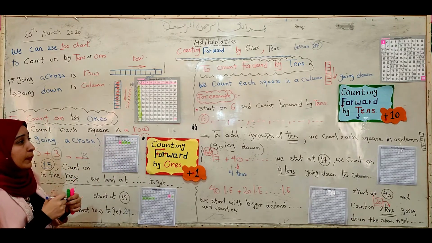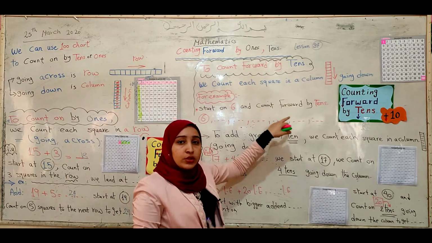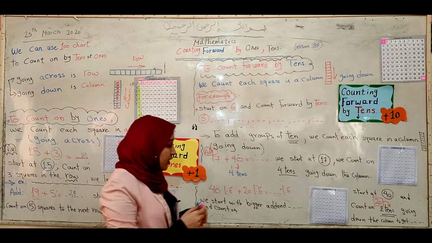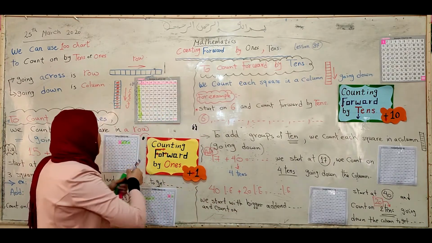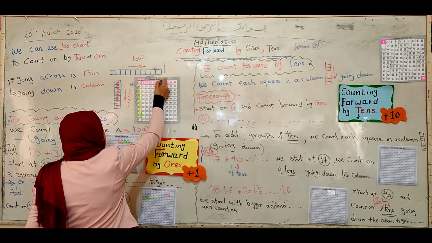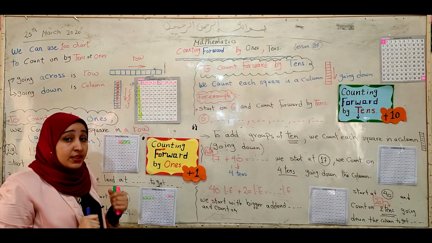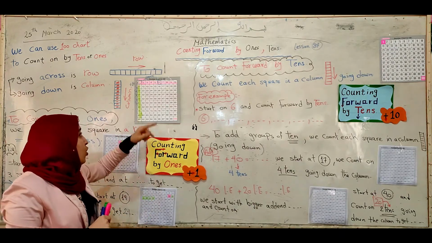Okay? For example, start on number 6 and count forward by tens. If we start here at number 6, and I want to count forward by 10, so I go down.